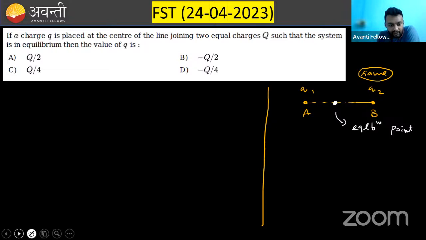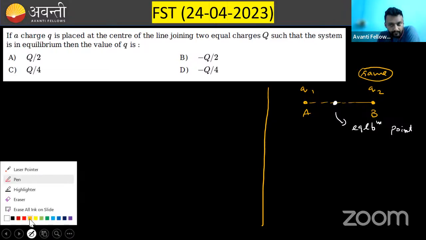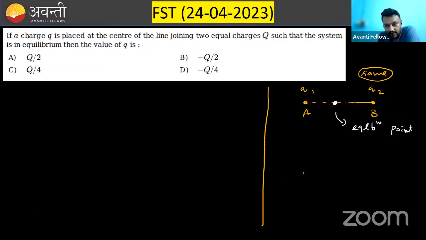Now the second situation comes, when two charges are of opposite nature. Q1 and Q2 are of opposite nature.